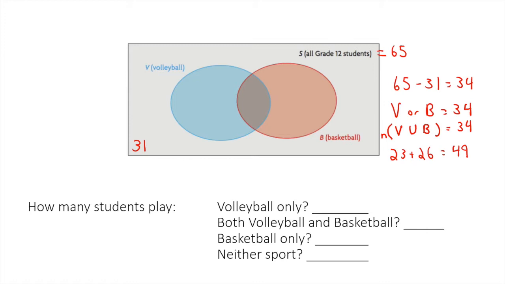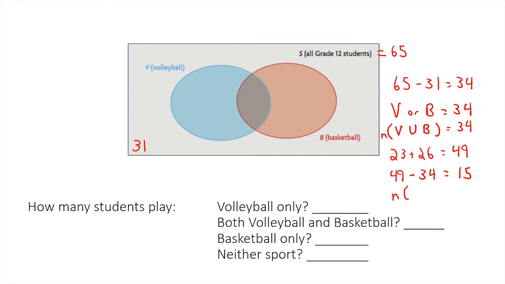Well, in this case now we're essentially double counting the number of students that play volleyball and basketball. And so if we take this sum that we have of 49 and we subtract the number that play volleyball or basketball, which is 34, we get the number 15.